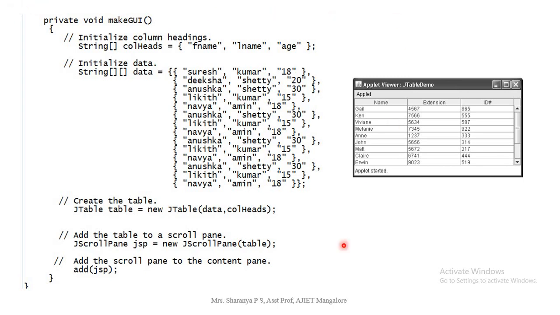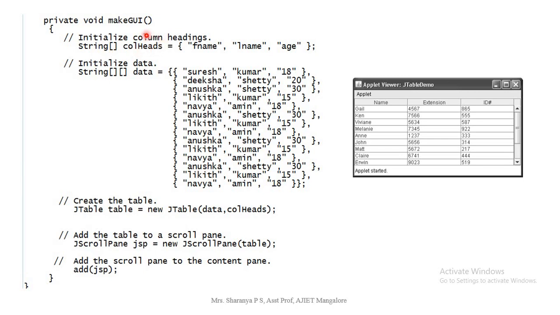Next, the major part of the program describes the creation of the table. How can we do it? First, we set an array by the name column heads with the content of the headings or column names: F name, L name and age.